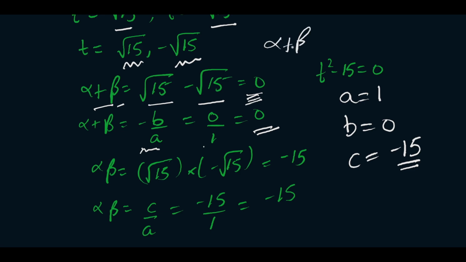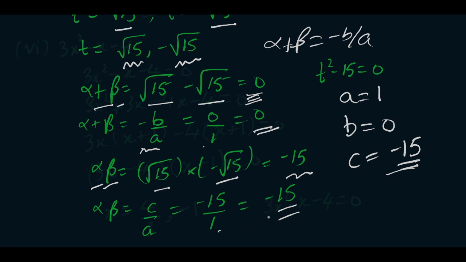So we verify that alpha plus beta is equal to minus b by a. Now when you multiply both the roots, alpha times beta, it is root 15 multiplied by minus root 15, which will give us nothing but minus 15. And alpha beta is equal to c by a. So here c is minus 15, so it is minus 15 by 1, which is minus 15.